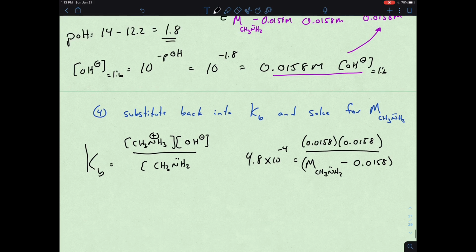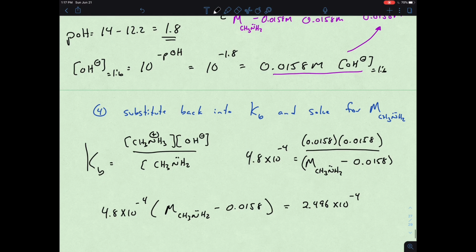And so we can solve this via some derivations here. If we take our 4.8 times 10 to the negative fourth and bring it over to our denominator, we would end up with something like this, and that would equal 2.496 times 10 to the negative fourth.